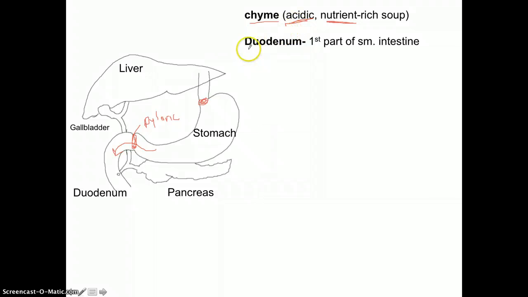So the very first part of the small intestine is the duodenum, and if we look at the function of the small intestine as a whole, it has two main functions. All of the digestion that was started in the mouth and the stomach will be completed.